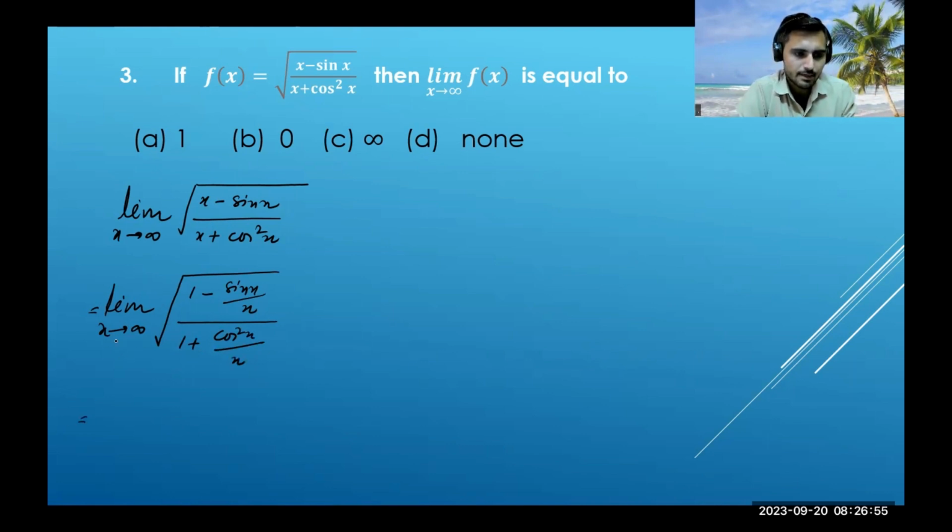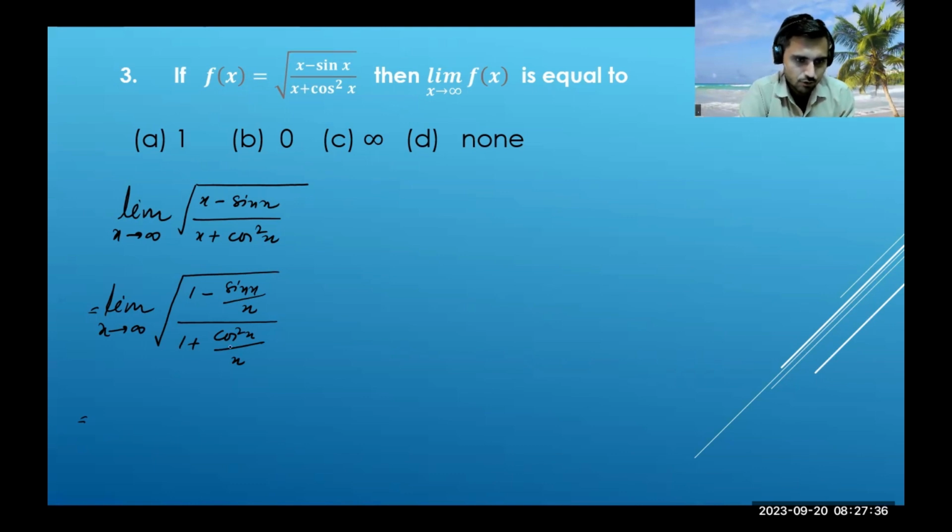So now we'll put limit x tends to infinity. So it will become 0, because sine of infinity will give us some value between minus 1 and 1. It will not be a fixed value, because we are going to put the limit x tends to infinity. We couldn't determine a fixed value for sine, but we know sine of infinity gives us a value between minus 1 and 1, and upon x, so for that it will become 0.